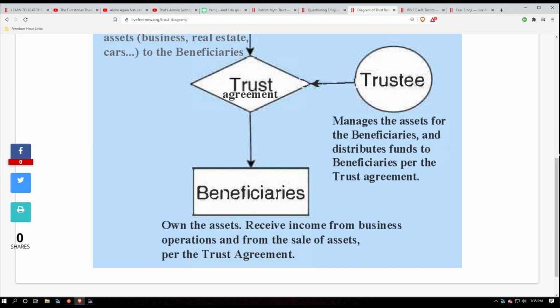The trustee is here because the trustee manages the assets of the trust for the beneficiaries. He controls everything and distributes the funds to the beneficiaries per the trust agreement. So, in short, the trustee controls everything, but the beneficiary owns everything. That is the critical thing about the trust.